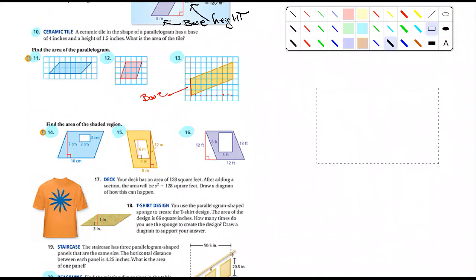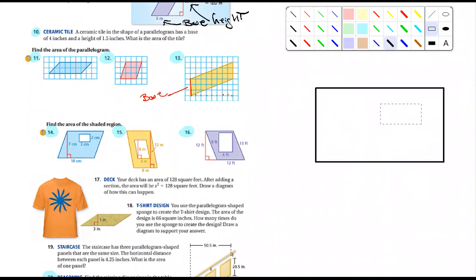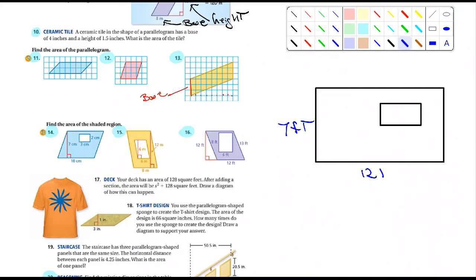And I had, let's say, a rectangle, and I gave you the dimensions, and let's say there was a smaller one inside, and let's say the outside dimensions, this was 7 feet, and this was 12 feet, and then the dimensions for the smaller one, let's say this was 2 feet, and this was 4 feet.